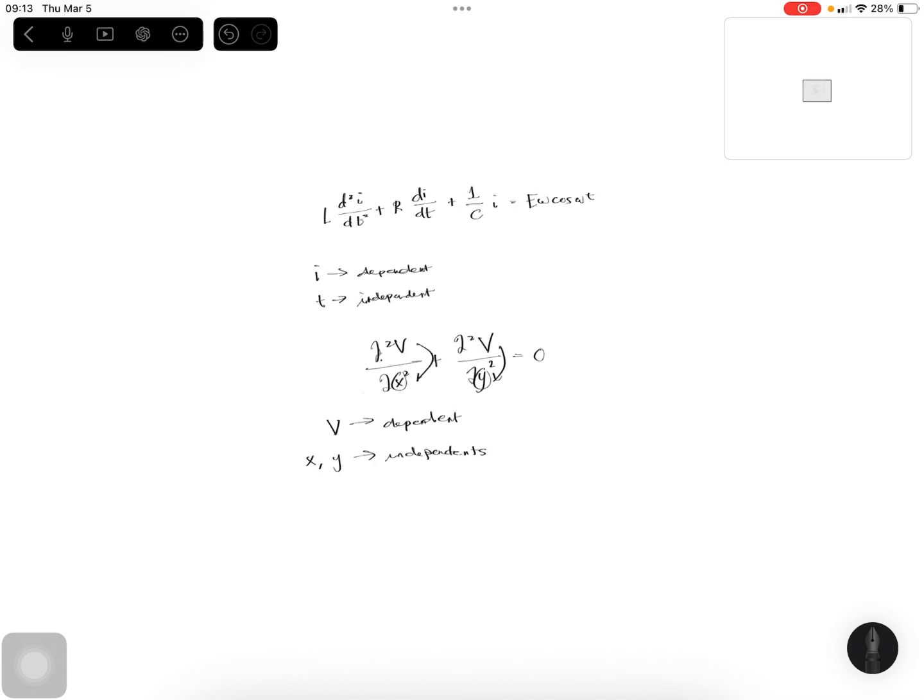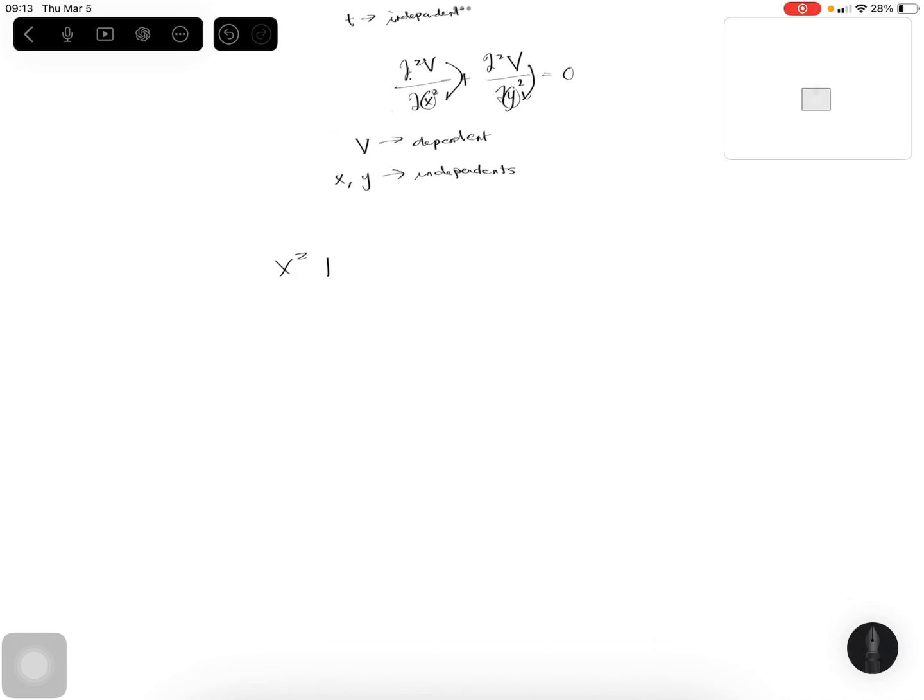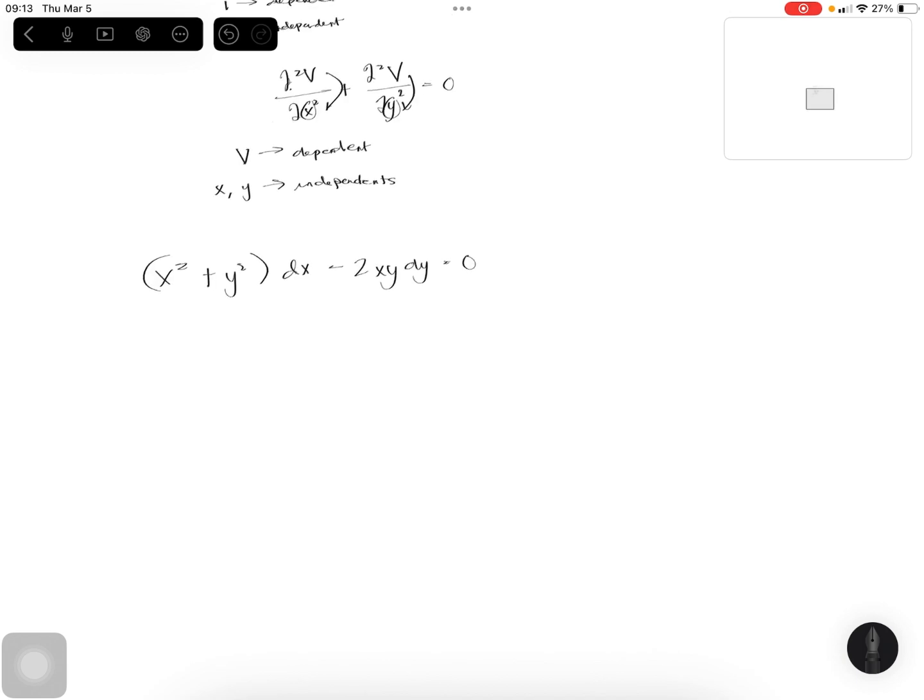Now, Rainville's book also mentions a case where variables can be both dependent and independent depending on the case. Given this equation, we could divide both sides by dx, which would give us this.